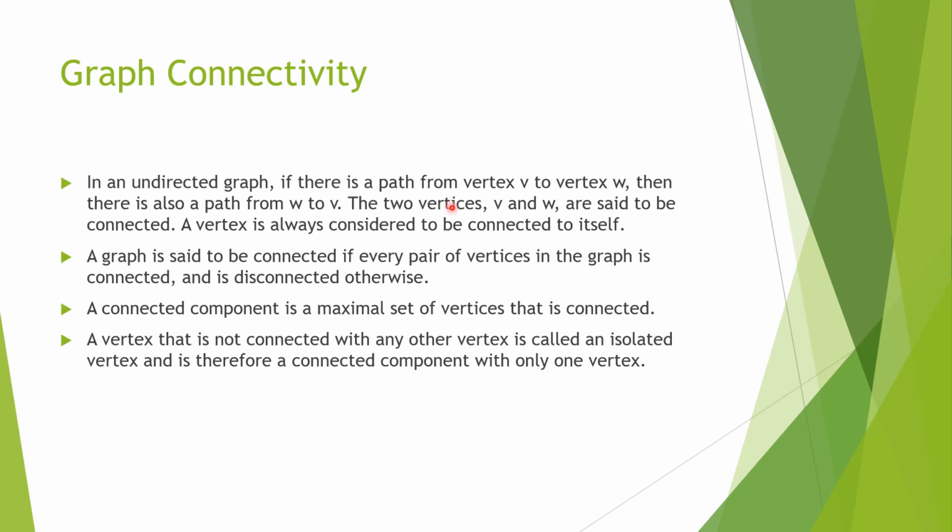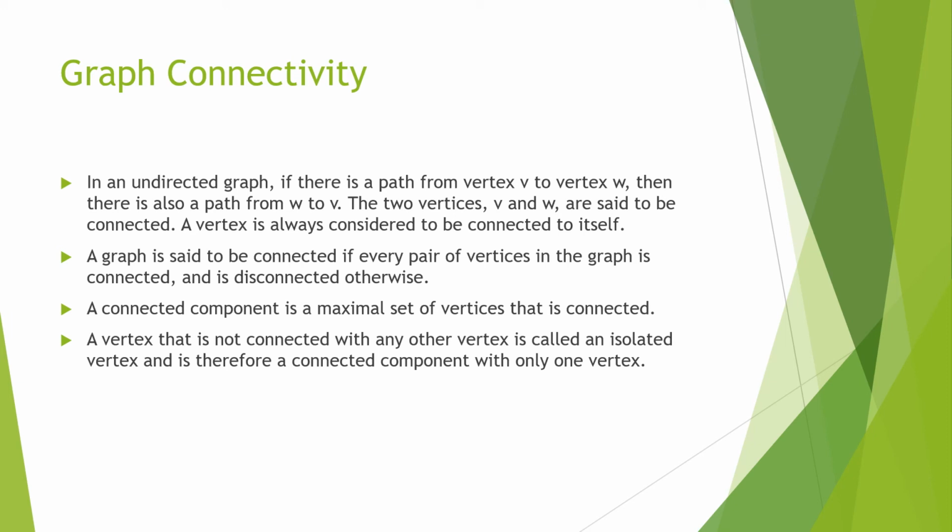The two vertices V and W are said to be connected. A vertex is always considered to be connected to itself. So if there's a path between any two vertices in a graph, those vertices are called connected. And obviously a vertex is always connected to itself because there's a path of length 0 from that vertex to itself.